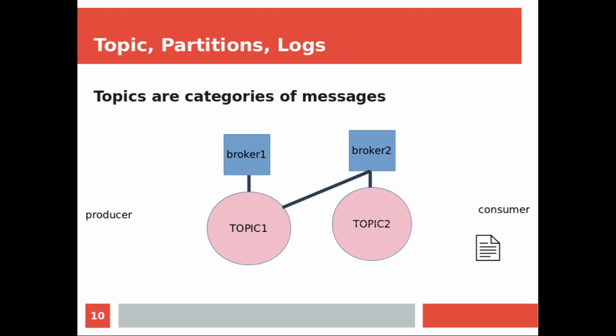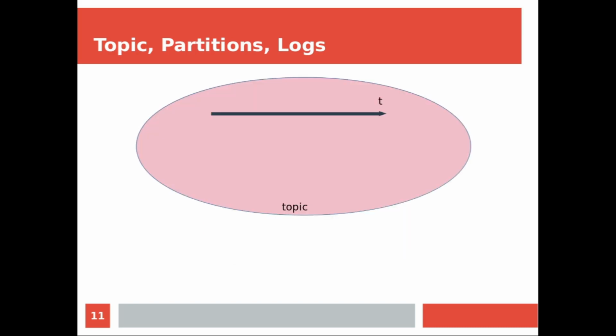But I know that the name topic is maybe too abstract for you. That's the reason why now I will show you what topic physically means. The physical representation of a topic is just a file on our file system on the server. This file is called a log. A log is just a sequence of data, and this data is time ordered, and we always just append data at the end of this immutable sequence of time ordered data.